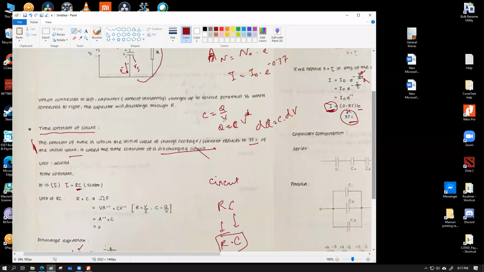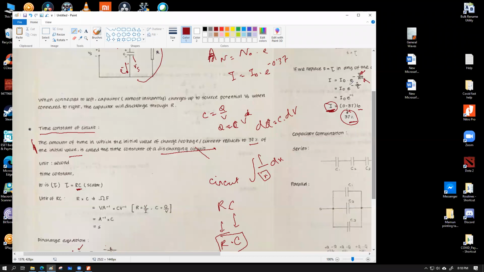I actually forgot how the derivation came in, but at some point in your integration part there was 1 upon something, which brought the idea of ln, which eventually got reconverted into e to the power. Let's say the integration of 1 by x dx. This gives you ln, right? Yes, sir. So somewhere in the integration process, ln came in, and after reverting the ln with appropriate proportion, we got the e to the power.